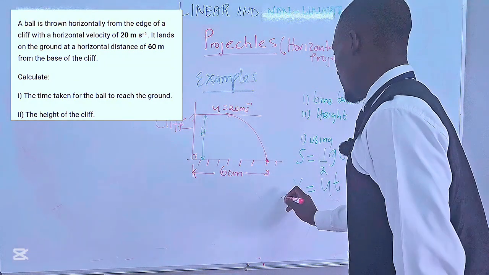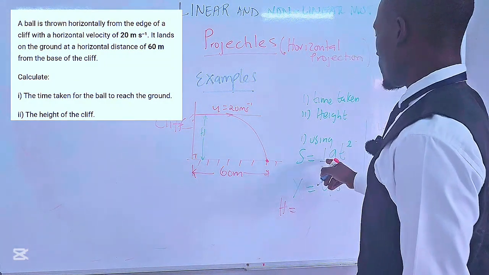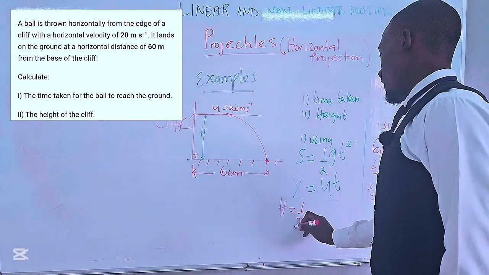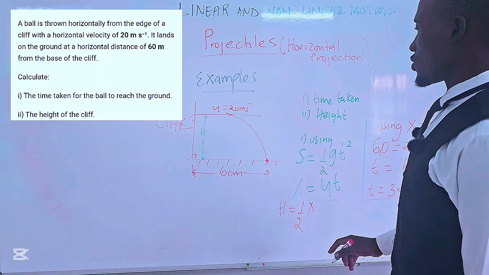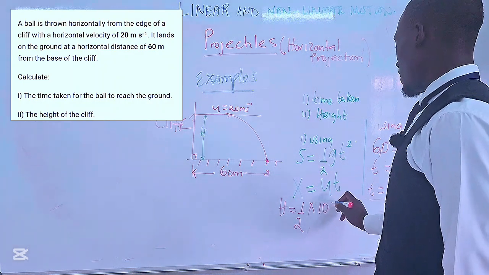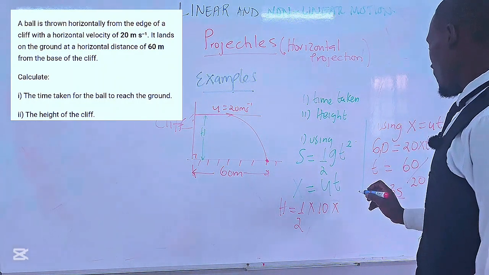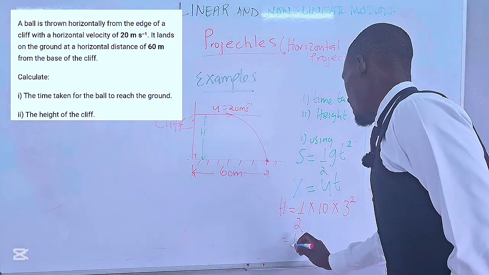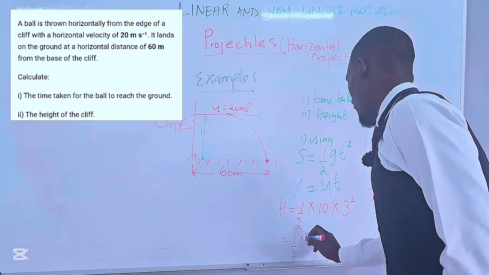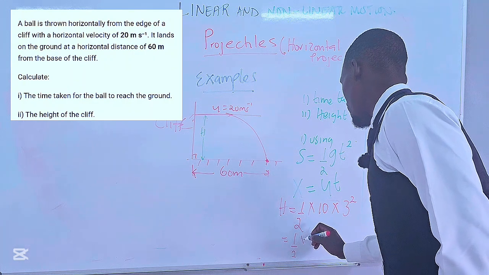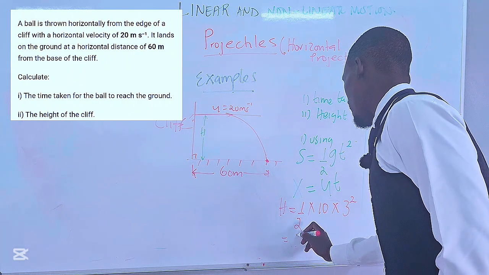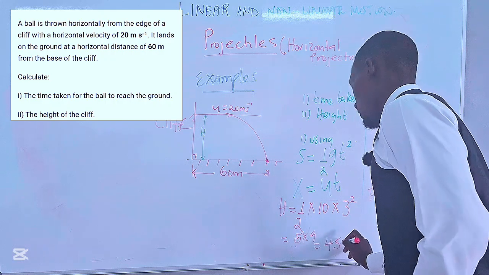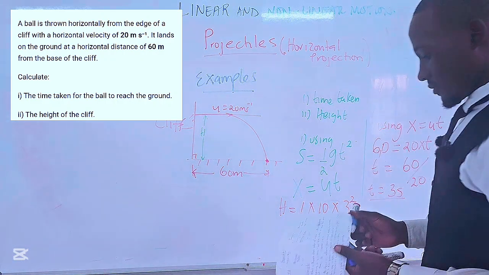Then the height is this displacement here. So you are going to be using a half times g, which is 10, times the time you've got, 3 squared. This gives us 5 times 9, which is 45 meters. There you go.